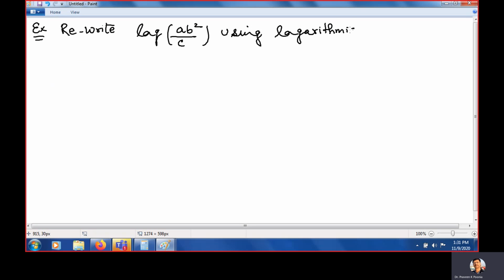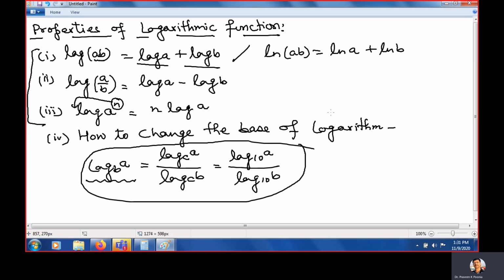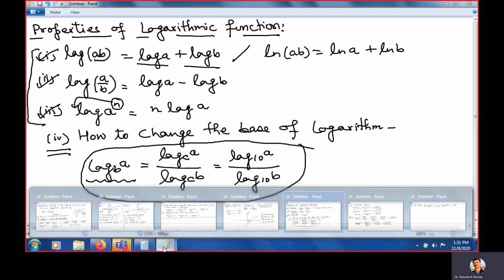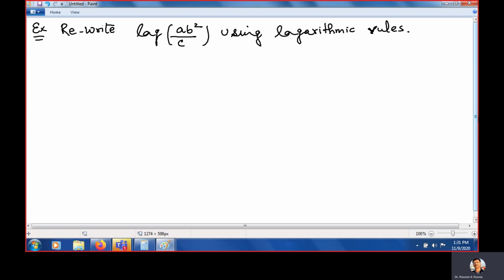What are the logarithmic rules? If you remember, we studied 4 rules. This is rule number 1, rule number 2, rule number 3. This is for change of base. Clear? So rule number 1, 2 and 3. So how we are going to do it? So look how we will do it.